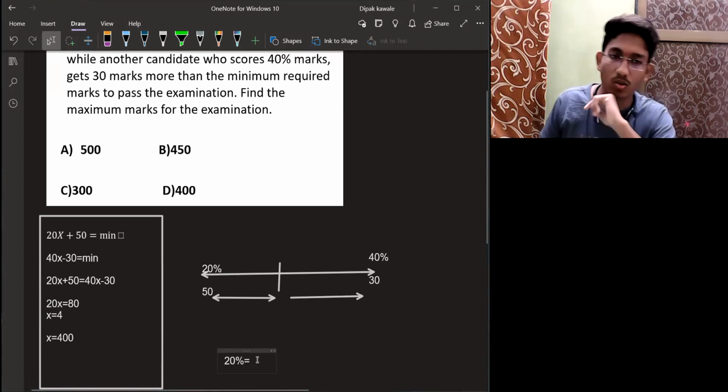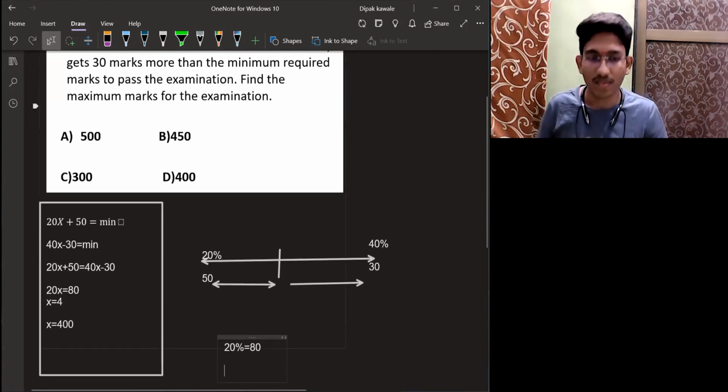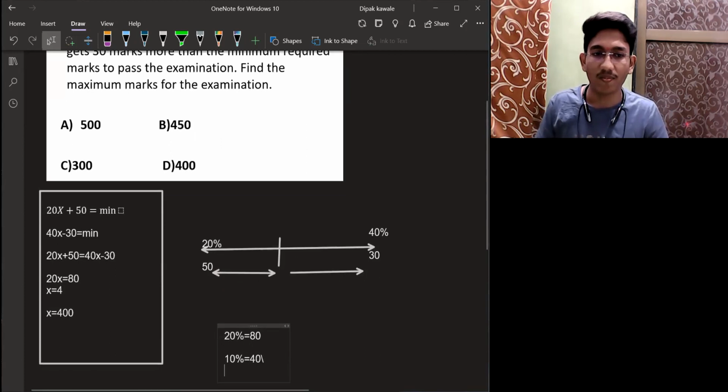So can I say that, students, my 20% is equal to 80? Yes. So I can say that my 10% is equal to 40 and my 100% is equal to 400.